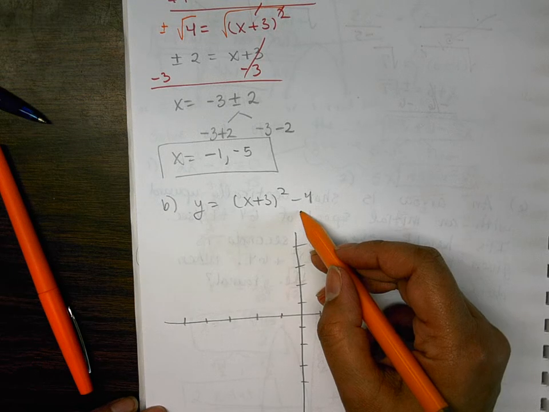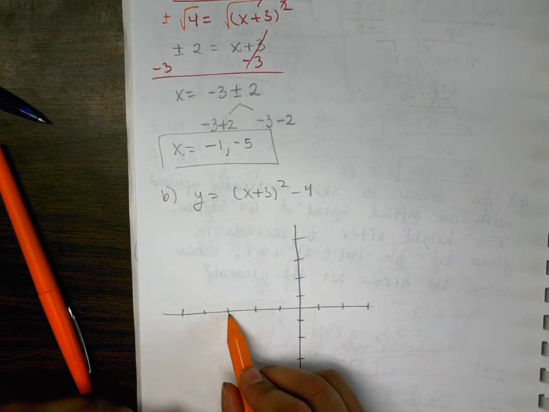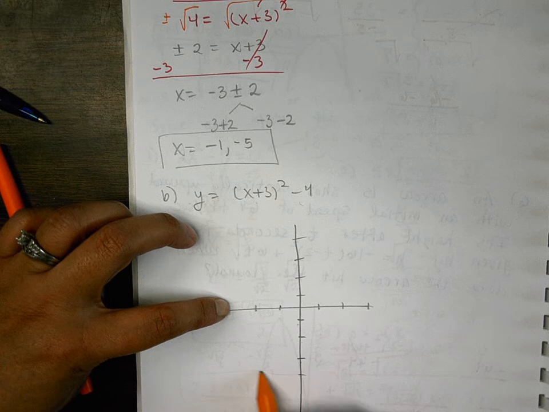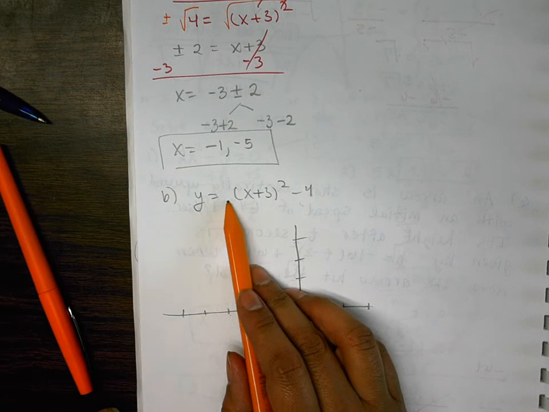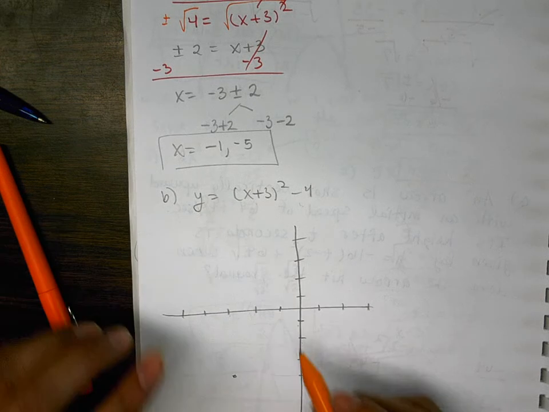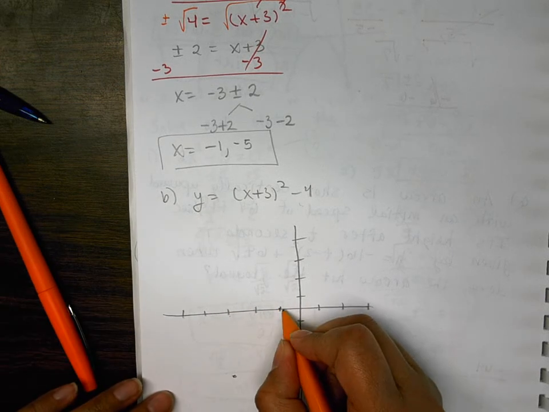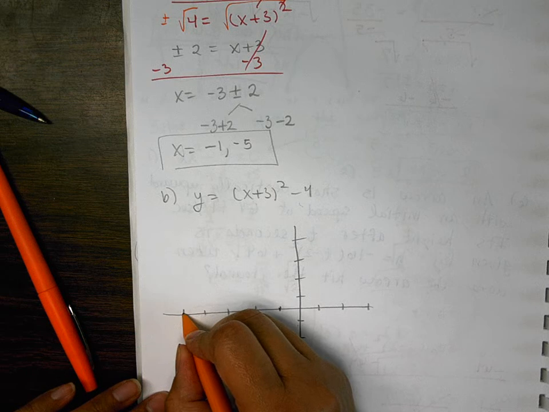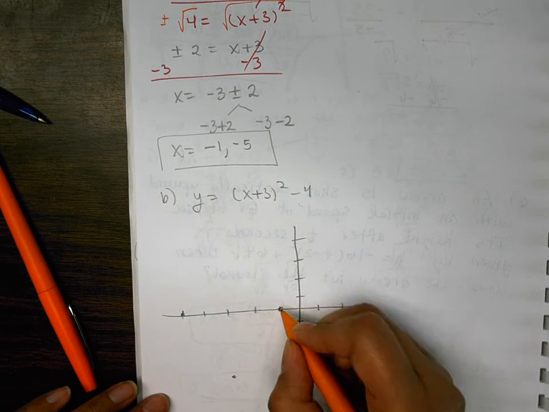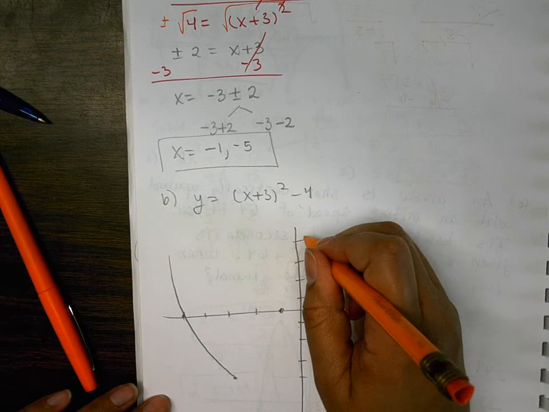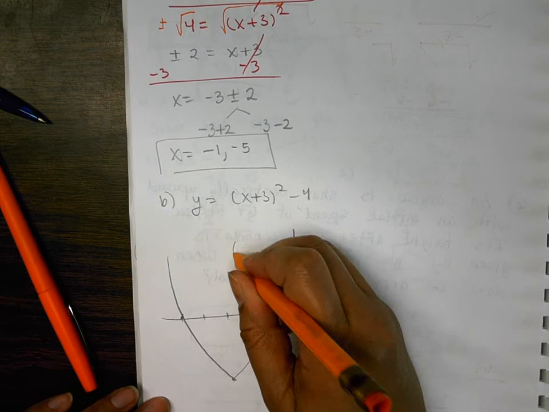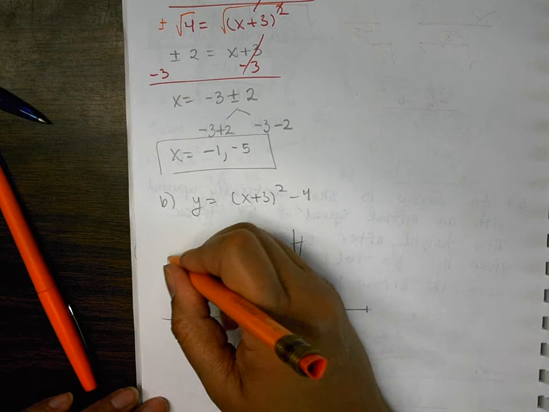So left 3, down 4, and is it opening up or down? It's going to go up. And I'm going to plot those points, negative 1 and negative 5, because those are called the x-intercepts. Can you see that it does come out to be a U shape that is symmetrical?